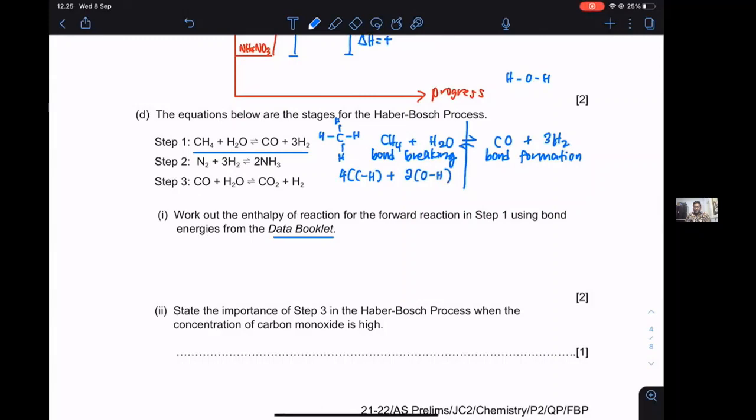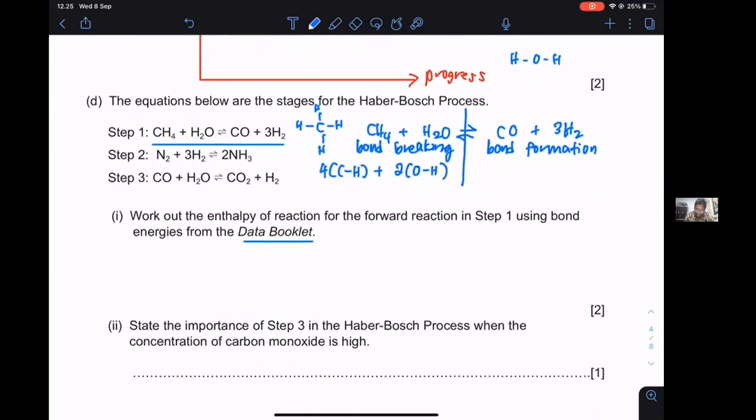And here I need to look for the bond between carbon and oxygen. This is the bond for carbon monoxide, which is going to be something like this, plus 3 hydrogen, so 3 hydrogen-hydrogen bonds. I'll just quickly look at the data booklet.